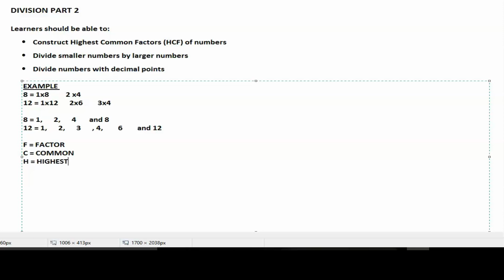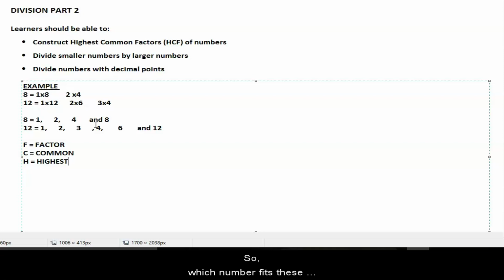It must be the highest. So first of all, it must be a factor from the list of factors here. Second, it must be common to both 8 and 12. And then it must be the highest number from the list.